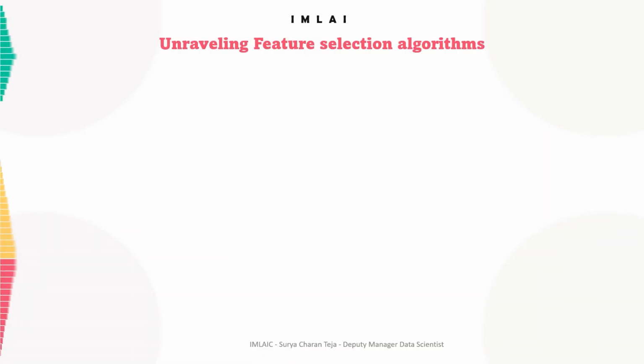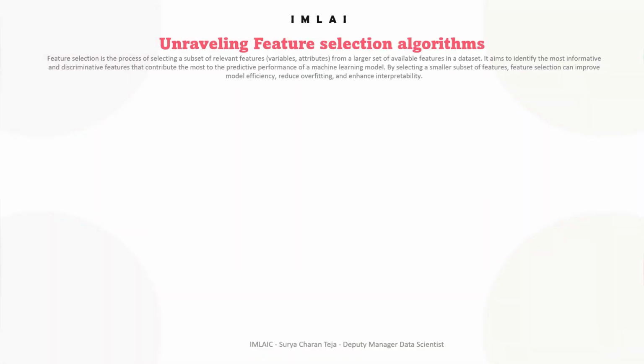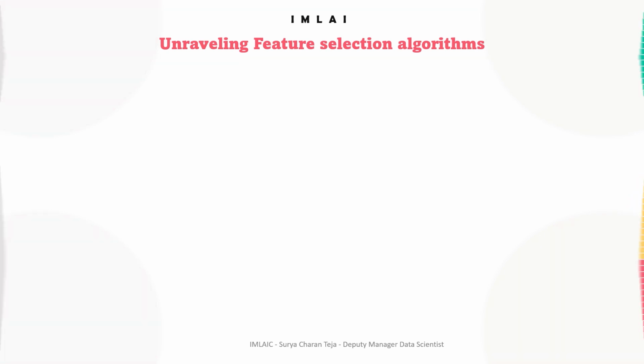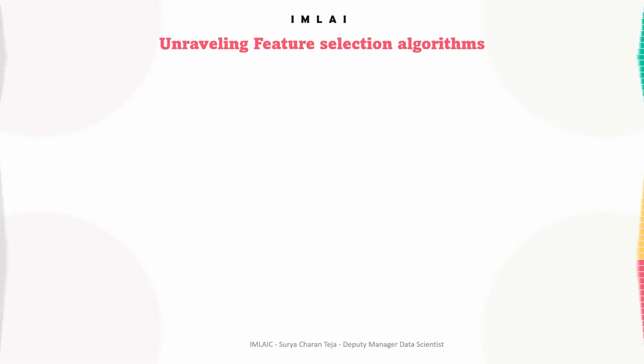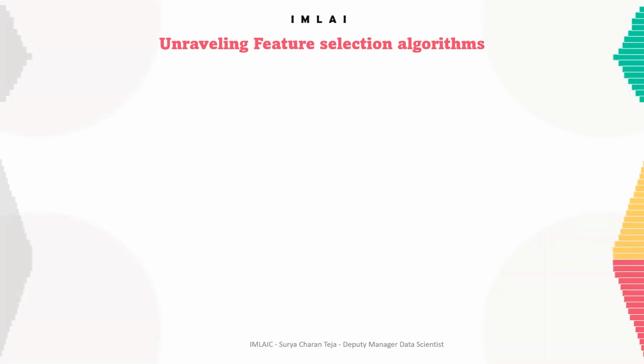So let's unravel the feature selection algorithms. There are fundamentally three types of them. First, what is feature selection? Feature selection is the process of selecting a subset of relevant features, where features are nothing but variables or attributes, from a larger set of available features in a data set.